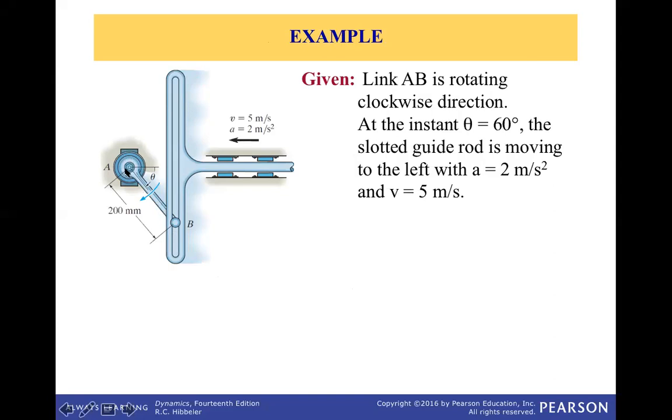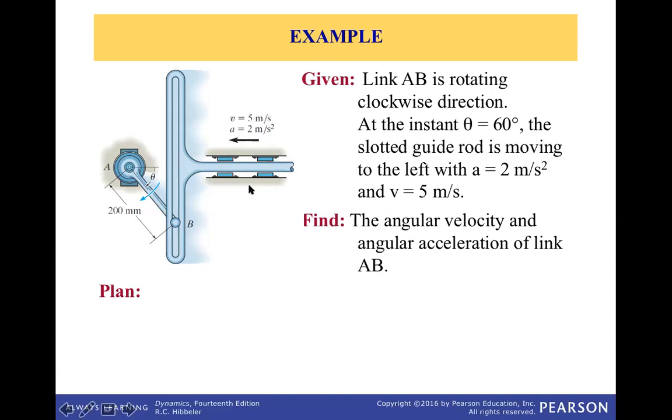It will rotate clockwise in that direction. At the instant theta equals 60 degrees, the slotted guide rod is moving to the left, with 2 meters per second square acceleration and 5 meters per second velocity. It's asking you to find the angular velocity and angular acceleration of the link.